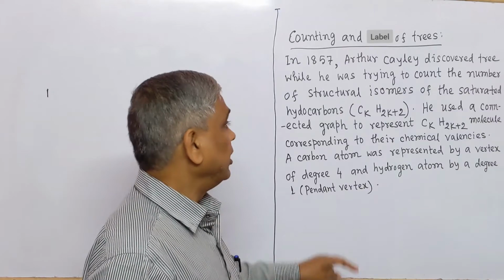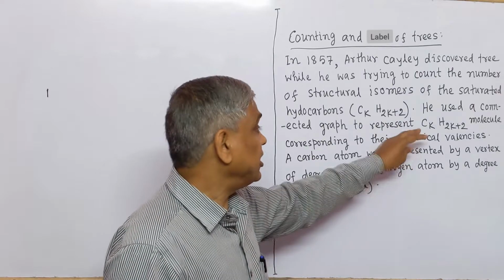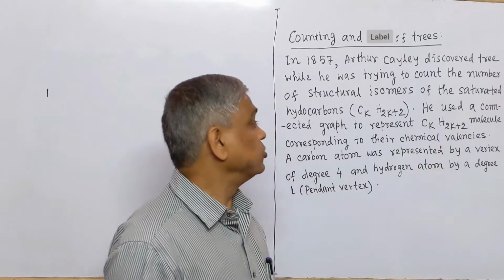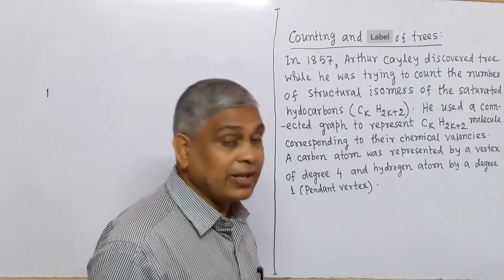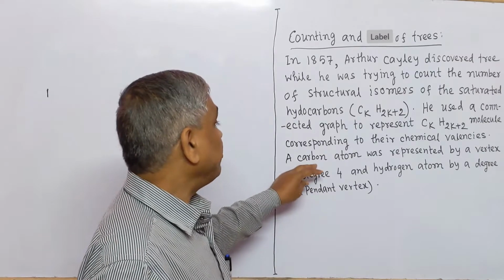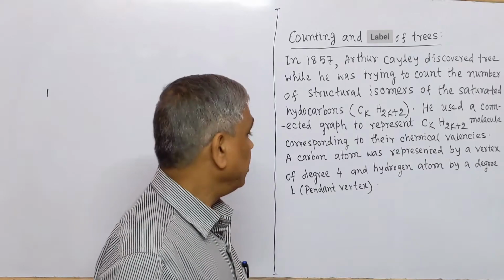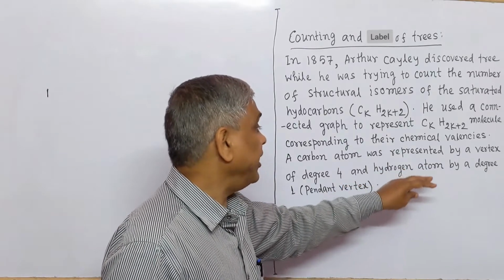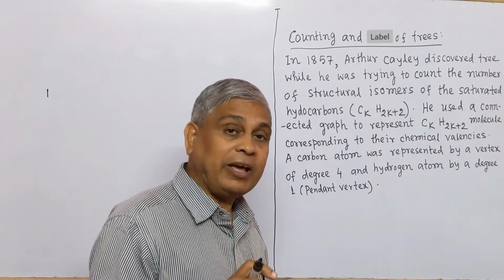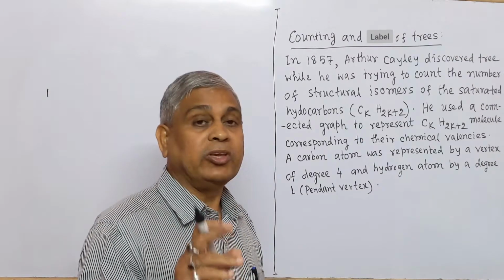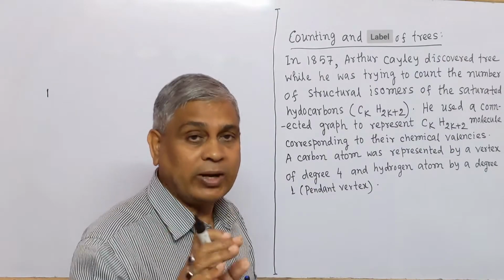He used a connected graph to represent CkH2k plus 2 molecule corresponding to their chemical valencies. A carbon atom was represented by a vertex of degree 4 and hydrogen atom by a degree 1 pendant vertex. As the chemical valency of carbon atom is 4 and chemical valency of hydrogen atom is 1.